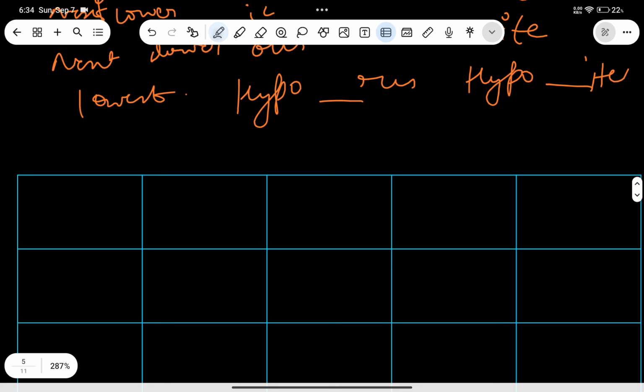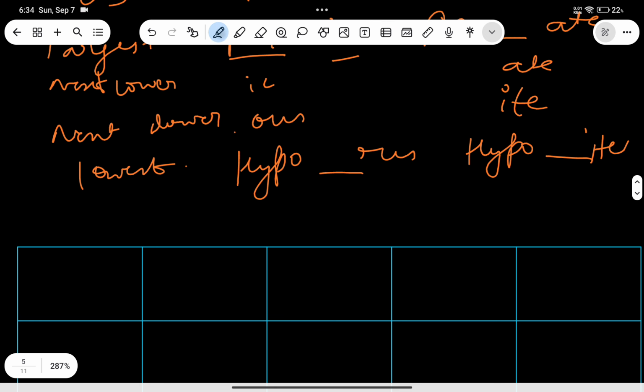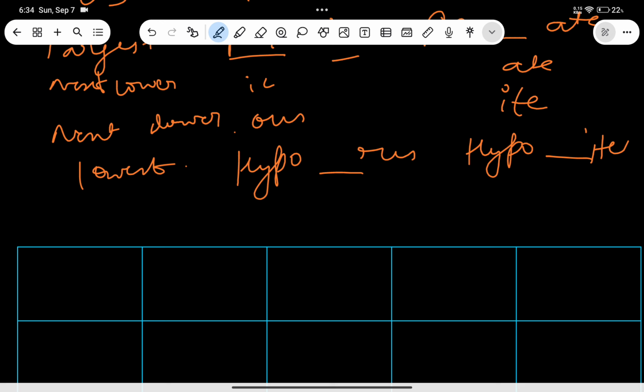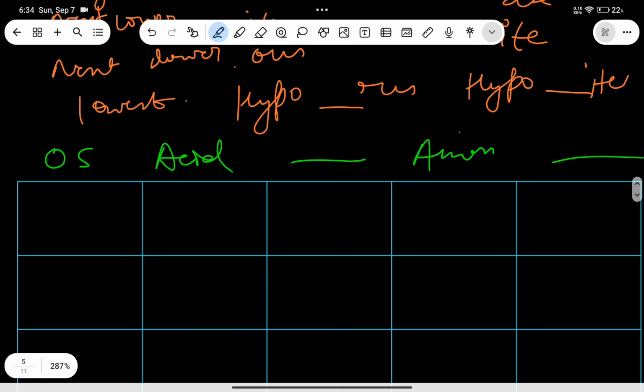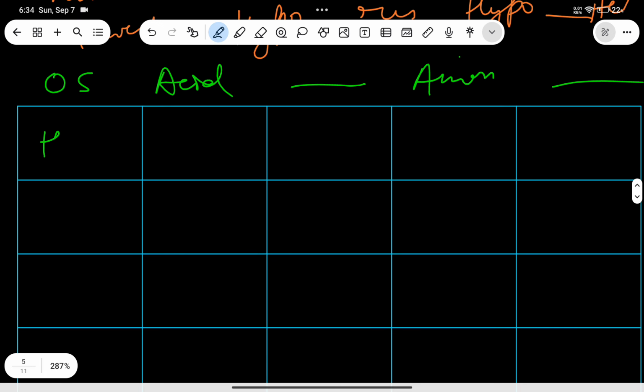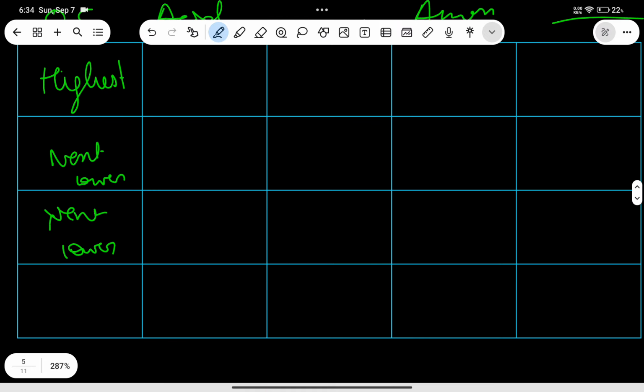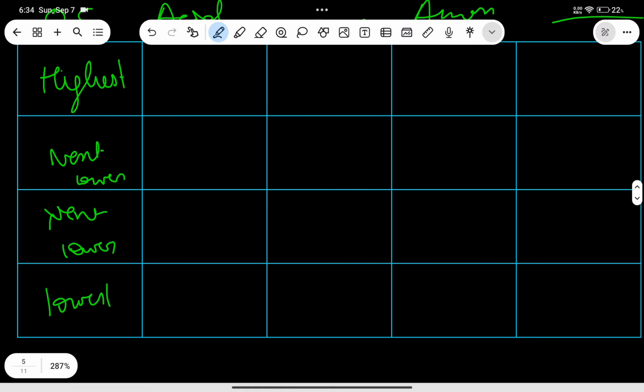Let's see the example and understand all the things nicely. This would be the oxidation state for the acid column, and this is the anion column. Basically the highest one, the next lower, and then we have the lowest.